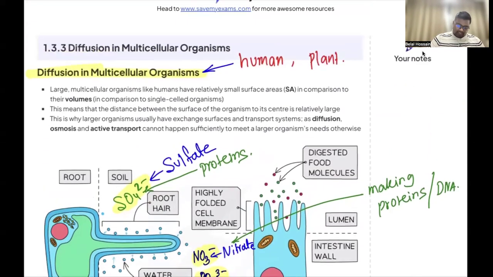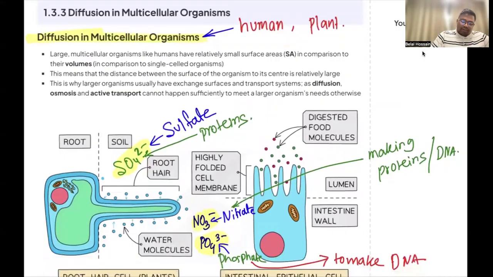Okay, let's read out this particular part. Large multicellular organisms like humans have relatively small surface area in comparison to their volume. This means that the distance between the surface of the organism to its center is relatively large.